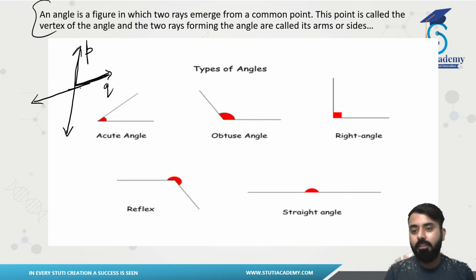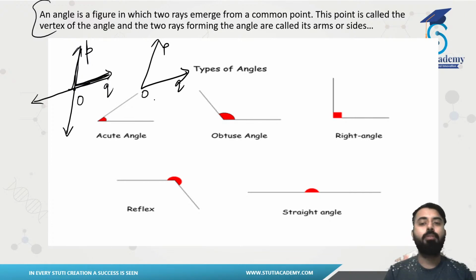Now you guys see, if I just consider this point, I have these intersecting lines with me. This is the point where both of the lines are intersecting. Let's call this O. So in this figure I have P, Q, and this one is O. Now if I look at these two arms, I can see these are rays.